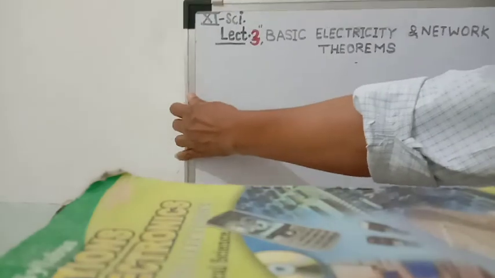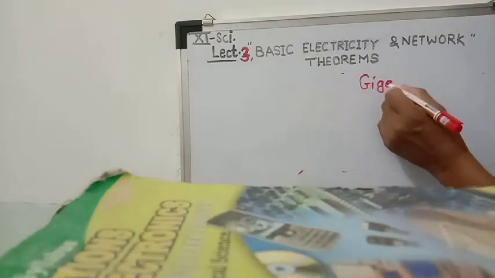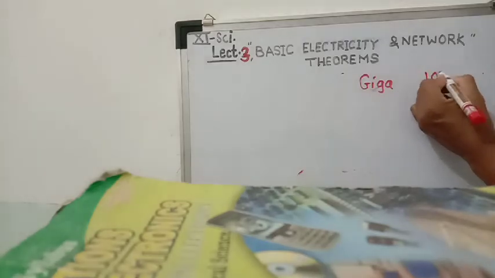Now we will study some units and their conversions. So higher units. Giga is a higher unit. Suppose we have to measure frequency in gigahertz. So 1 gigahertz is equal to 10 raised to 9 hertz.